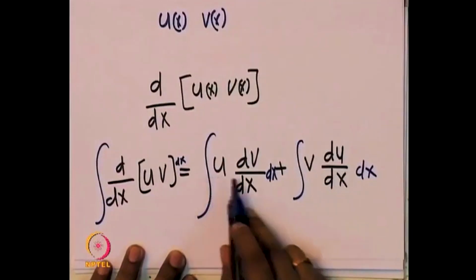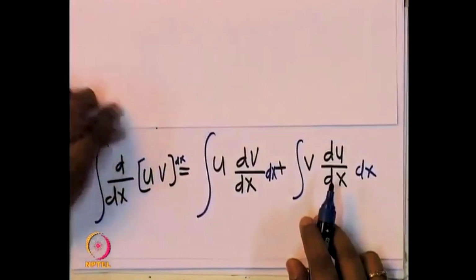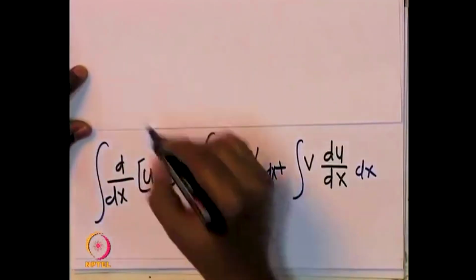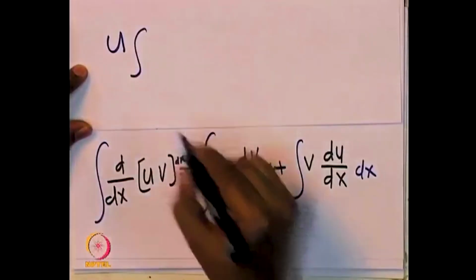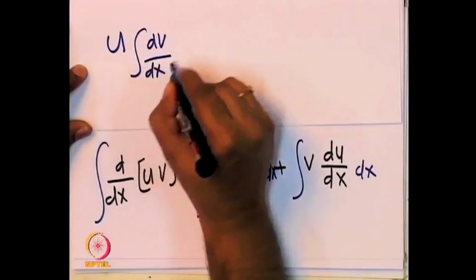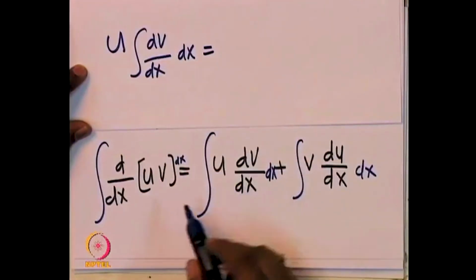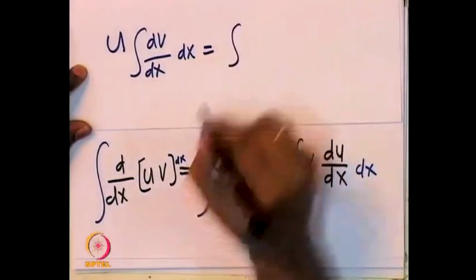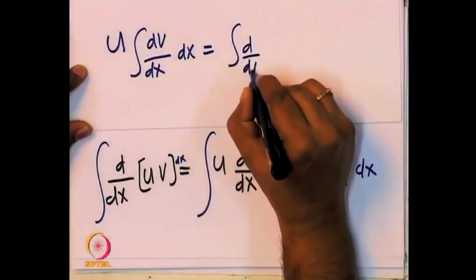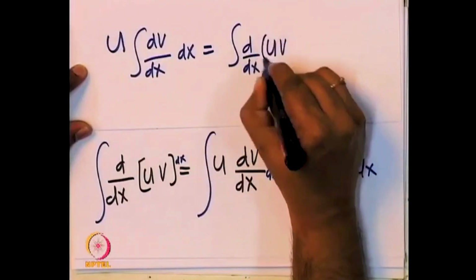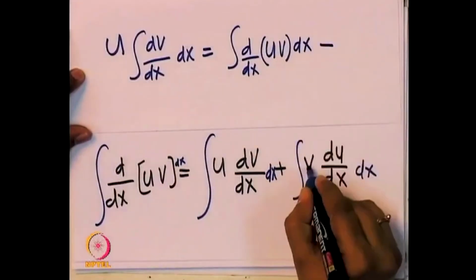So, look at here. I can write the integral of u into dv by dx is equal to the integral of d by dx of u v, dx, minus, I take this term to this side.